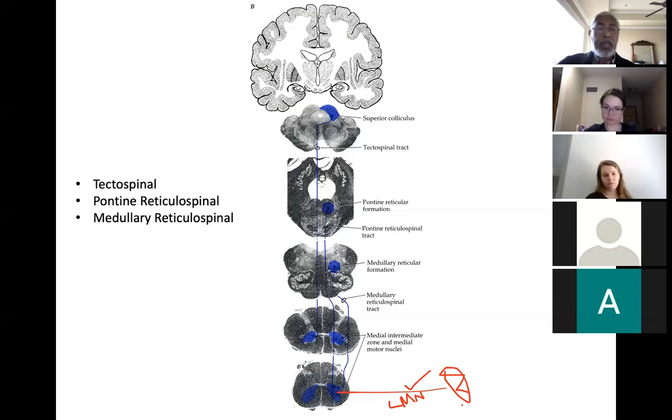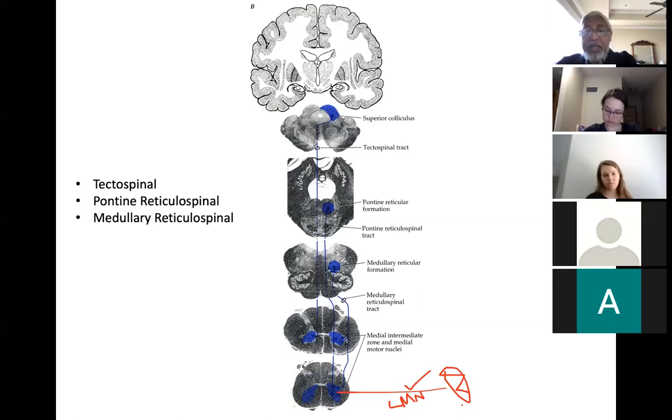Now those fibers that begin in the reticular formation of the pons and go to the spinal cord, we call pontine reticulospinal. Reticular formation to spinal cord, reticulospinal tract. The reticular formation can be present in the pons or in the medulla.